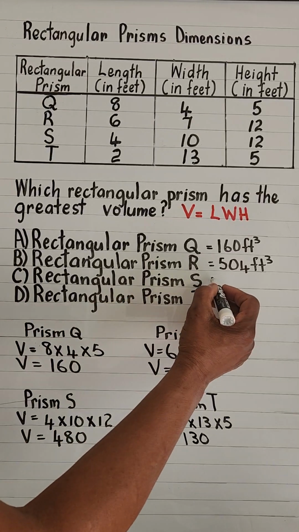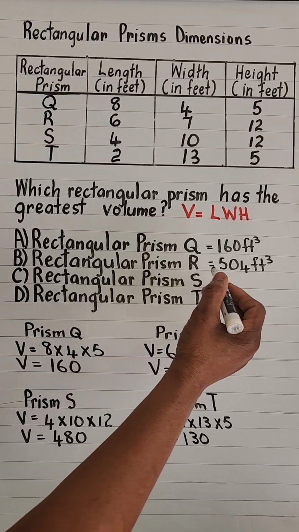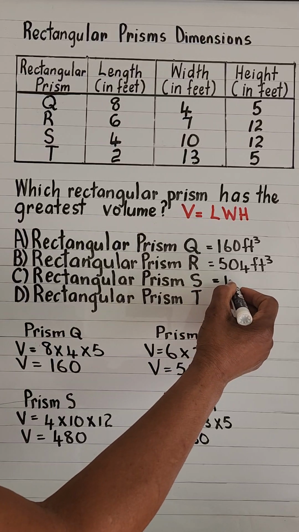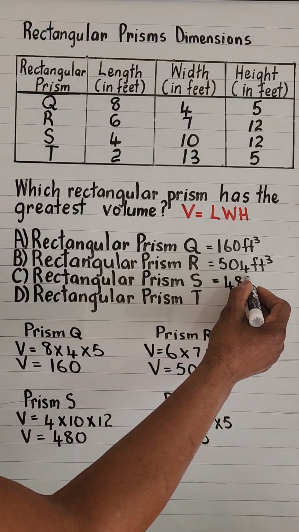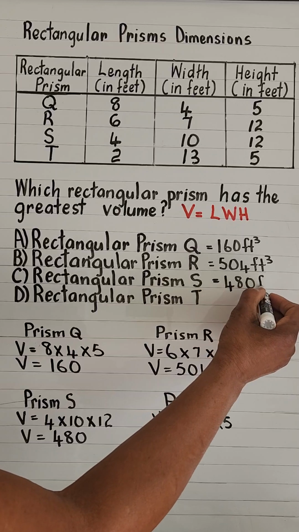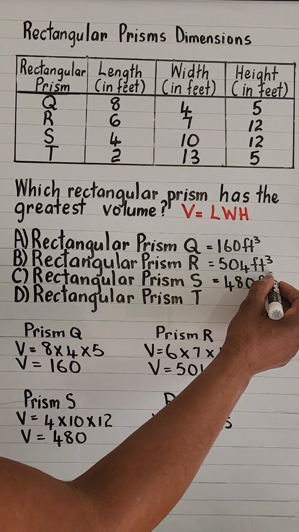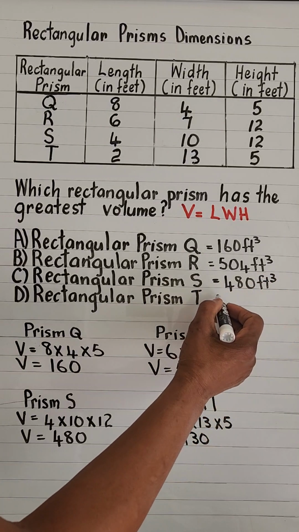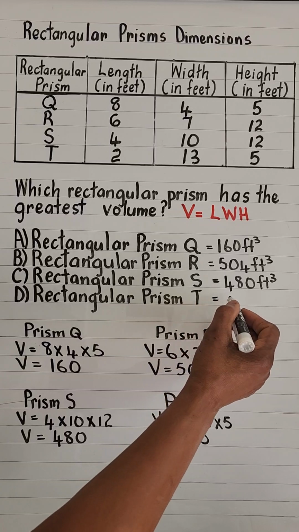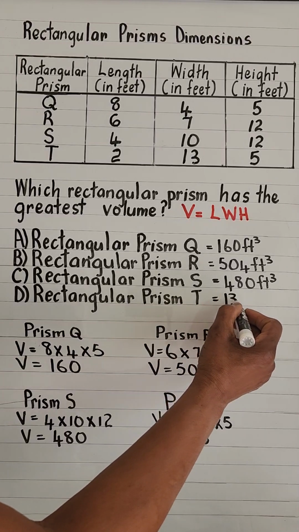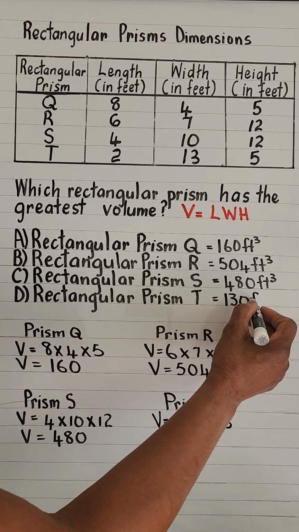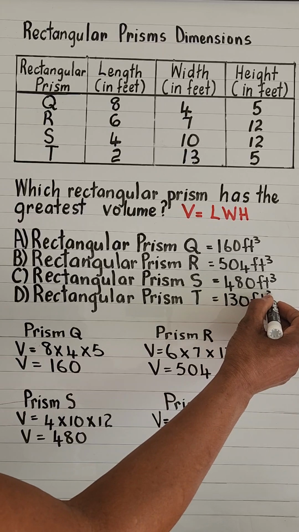Prism S, 480 feet cubed. And prism T, 130 feet cubed.